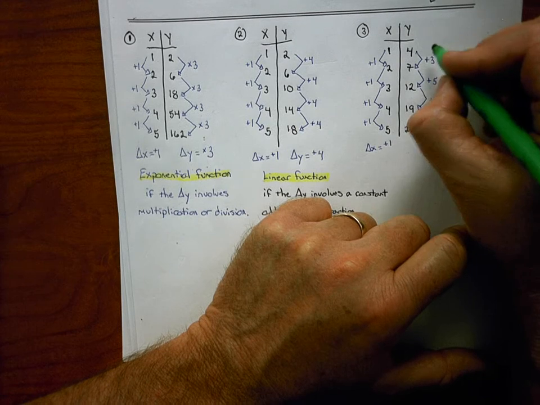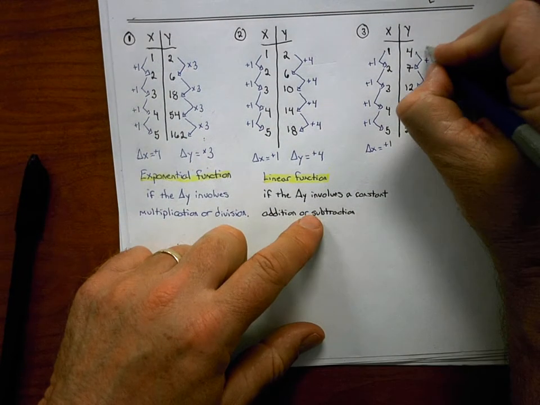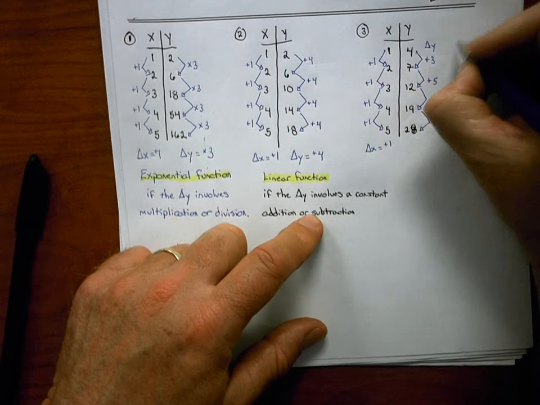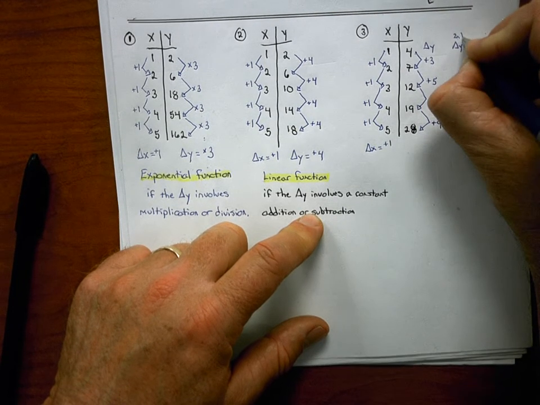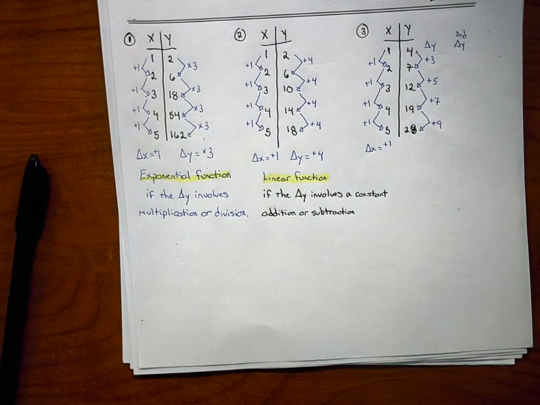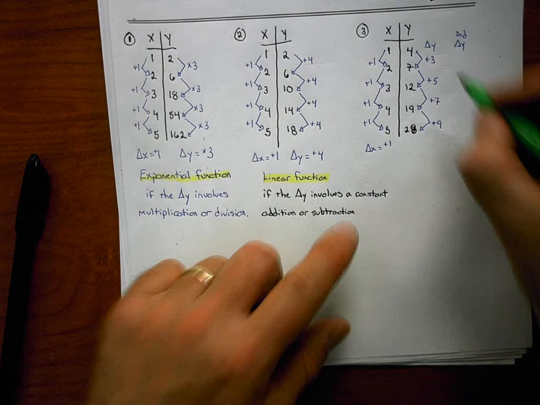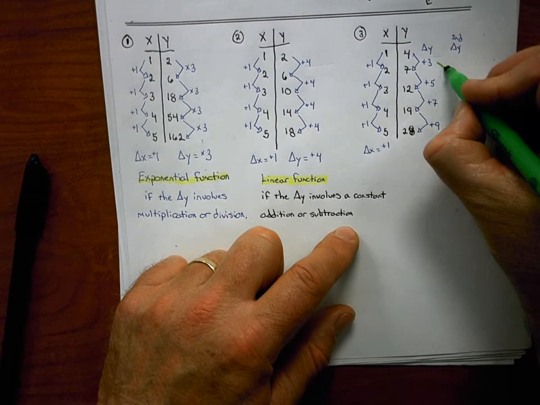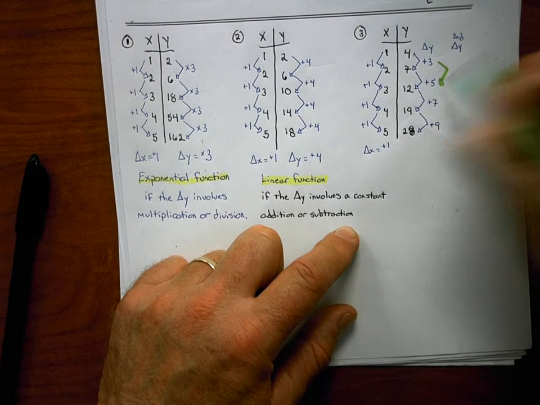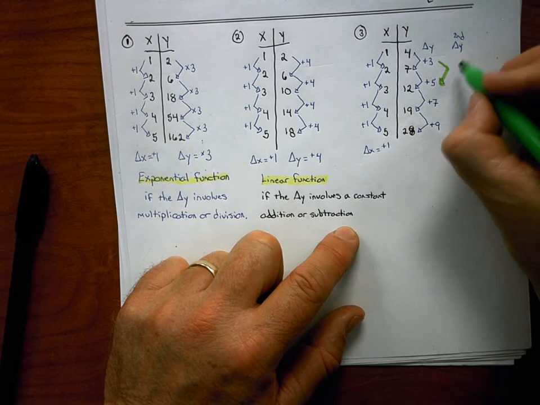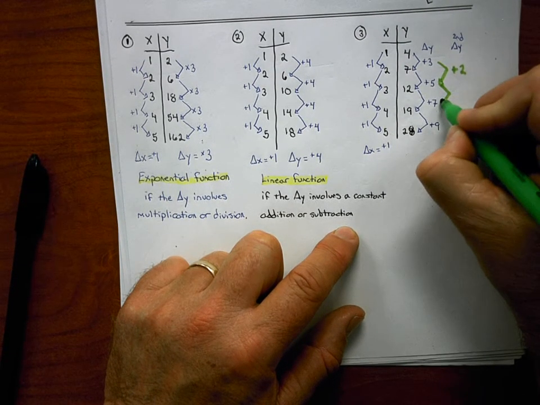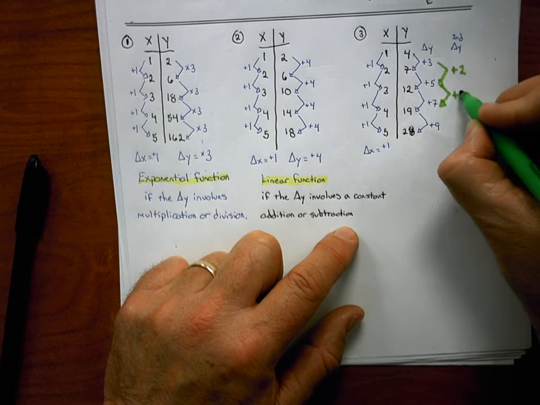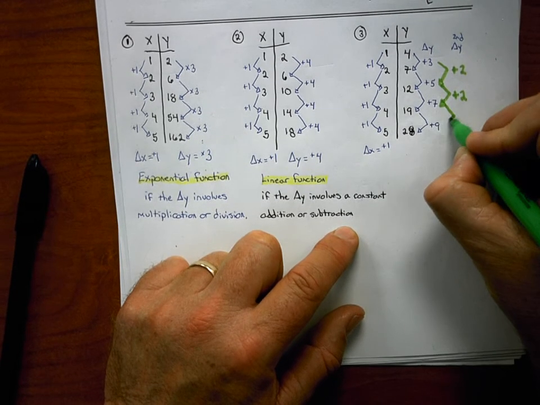So this first one is your delta y, but then we're going to look at the second delta y. 3 to 5, plus 2. 5 to 7, plus 2. 7 to 9, plus 2.